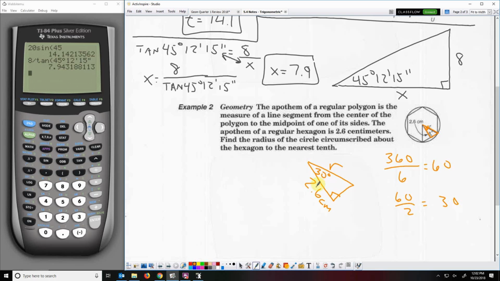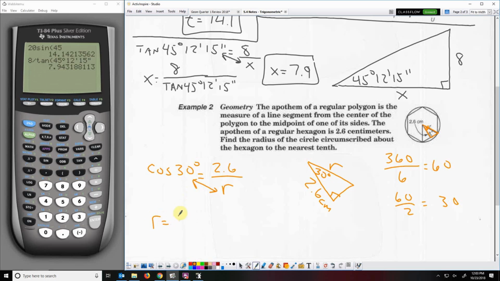Okay, so this time I've got the adjacent and the hypotenuse, so I'm going to be using cosine. So cosine 30 is equal to the adjacent over the hypotenuse, 2.6 over r. Okay, once again, I have the variable in the denominator, so I'm going to switch these.